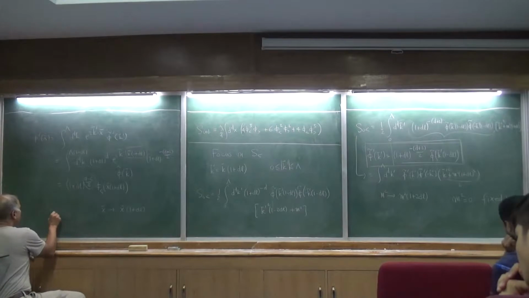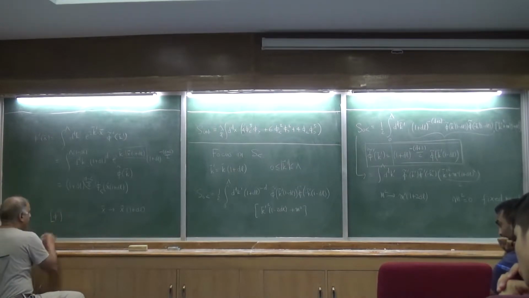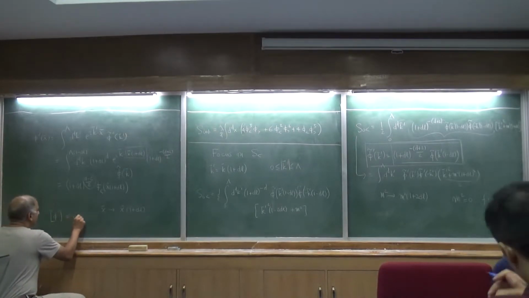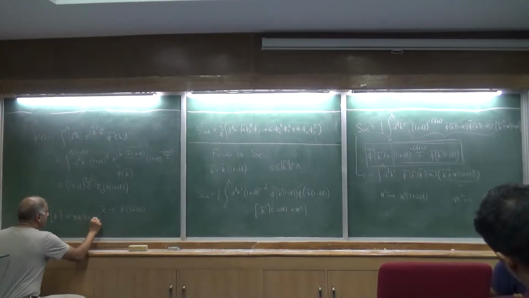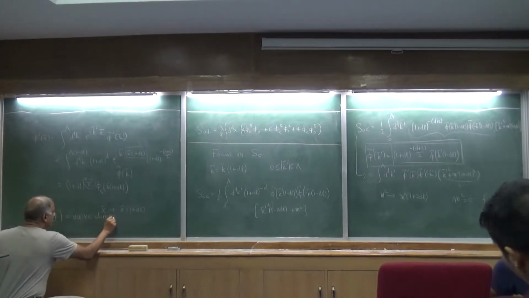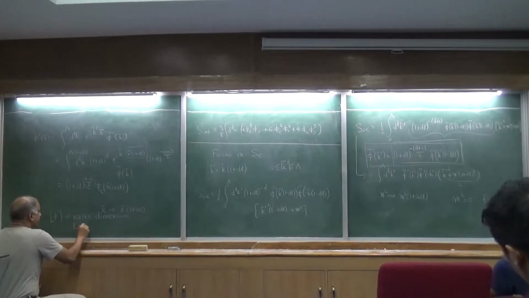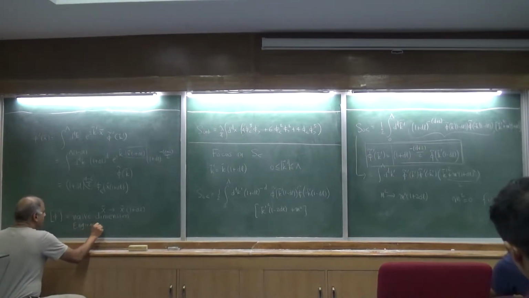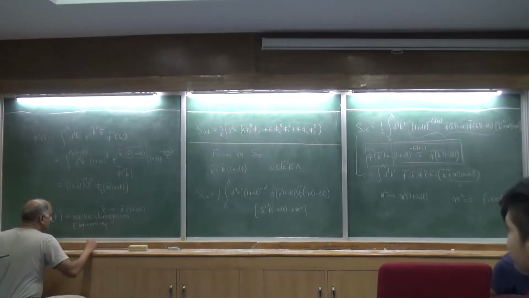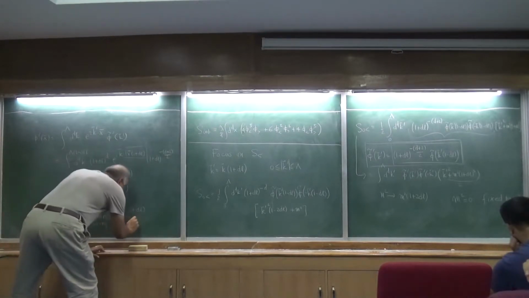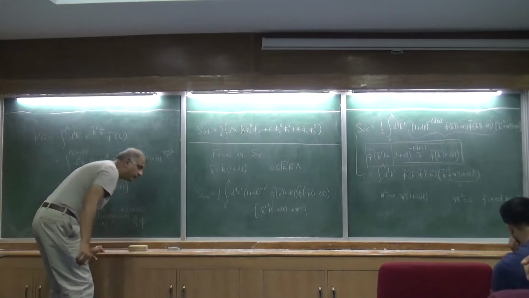So let me write down: when I put a square bracket around this, it is called the naive dimension, sometimes called the engineering dimension of the field. I don't know why it's called the engineering dimension.